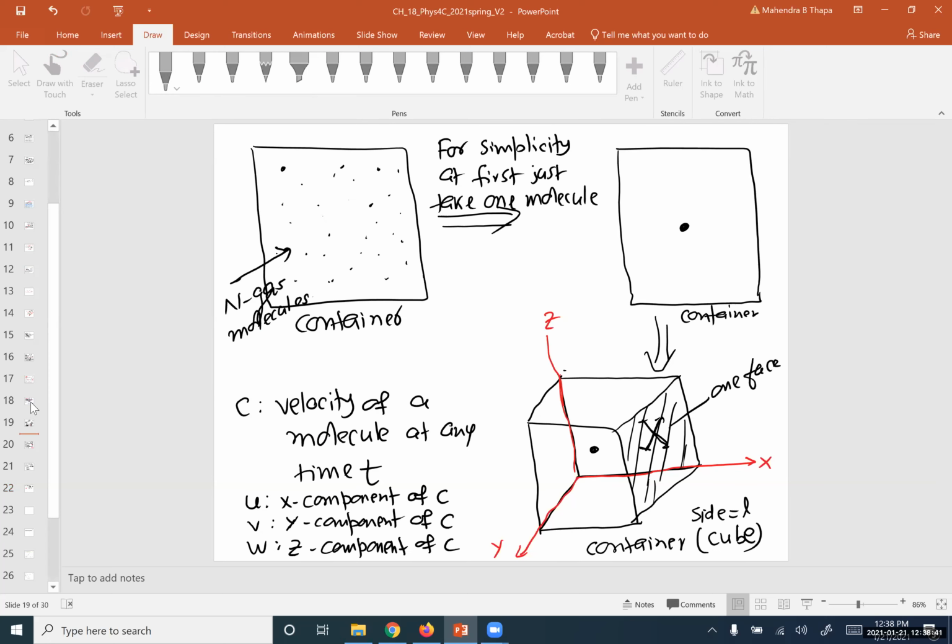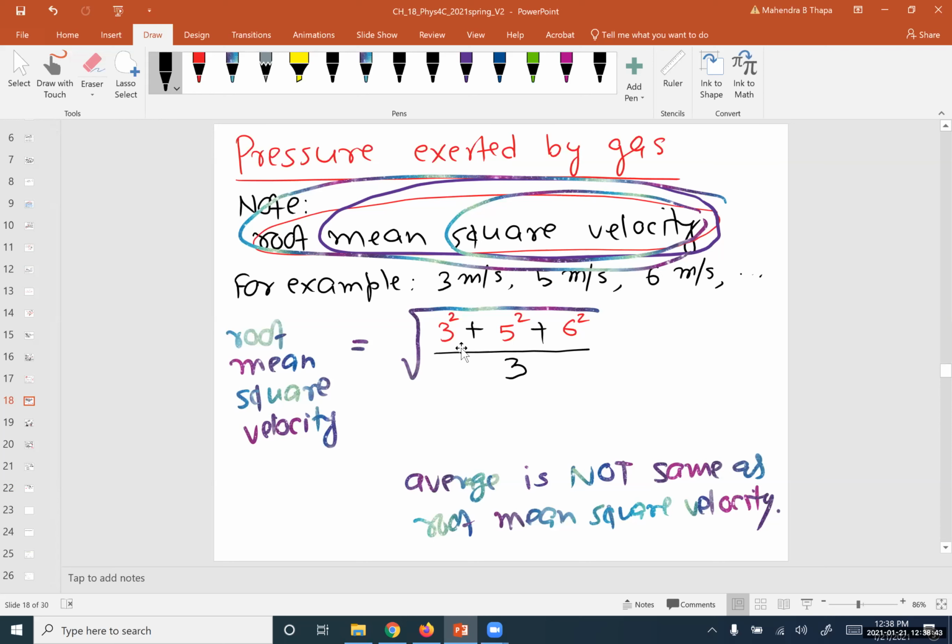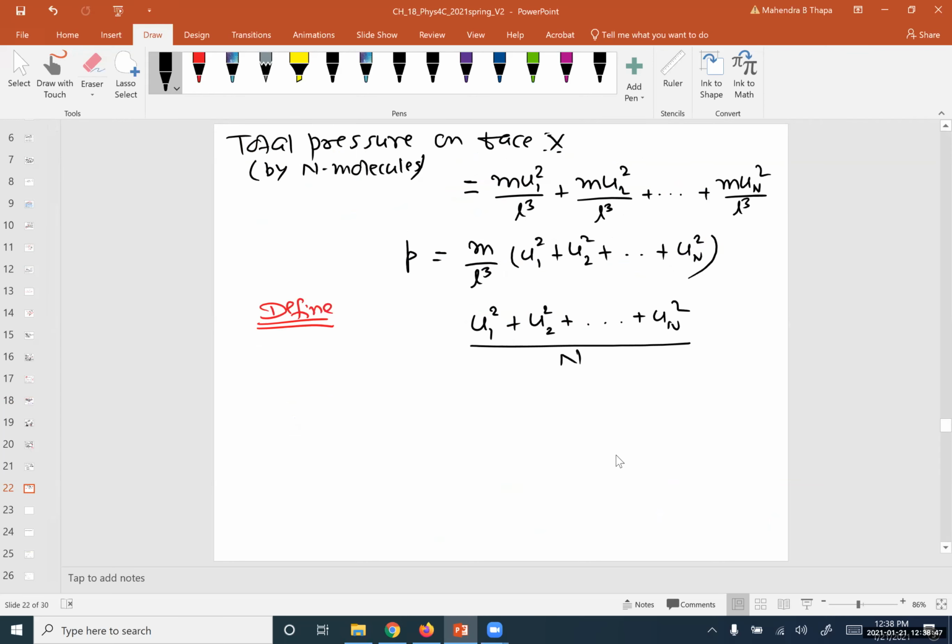based on this, this is called the mean square velocity for the x-axis, because we just consider only the x-axis.